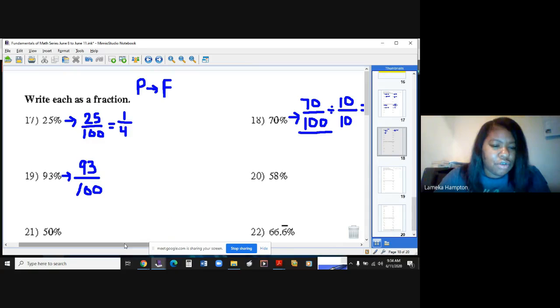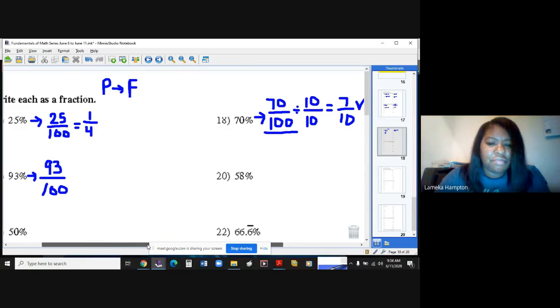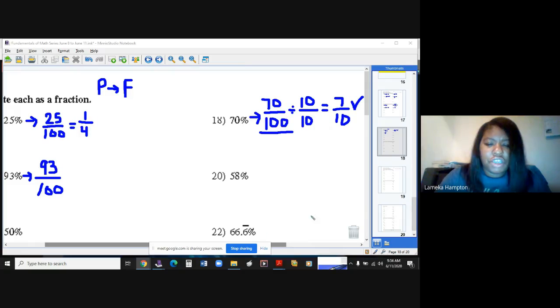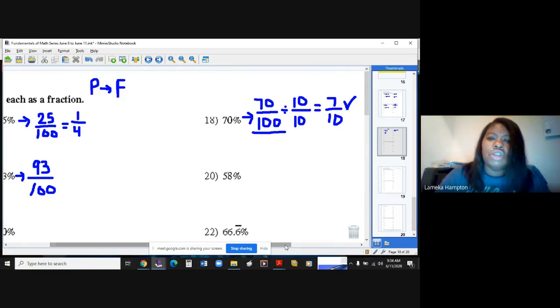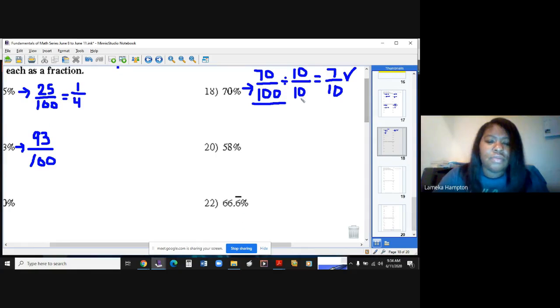All right. So now I'm going to scroll back over again to number 20. And I will go ahead and take a look at number 22 because number 22 looks very unique. Now, number 20, I have 58%. Again, I am simply just going to put 58 over 100.